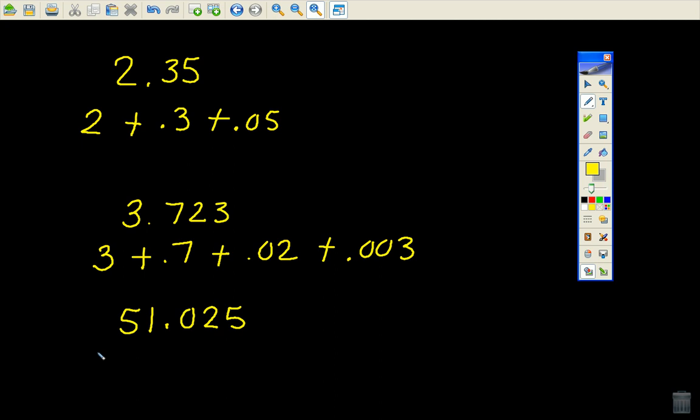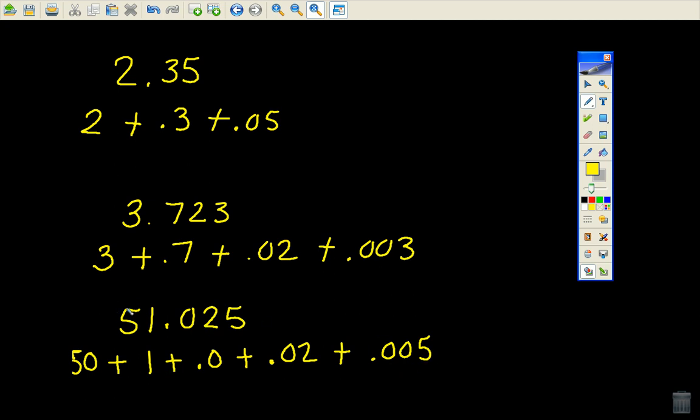Okay, now that you have tried it, thinking just in whole numbers, I know I would say 50 plus 1, that gets my whole numbers out of the way, plus, I have nothing in the tens place, so I'm going to go ahead and put plus 0.0. Now my hundredths place would be 0.02, which is 200ths, plus 0.005, which would be 5,000ths.